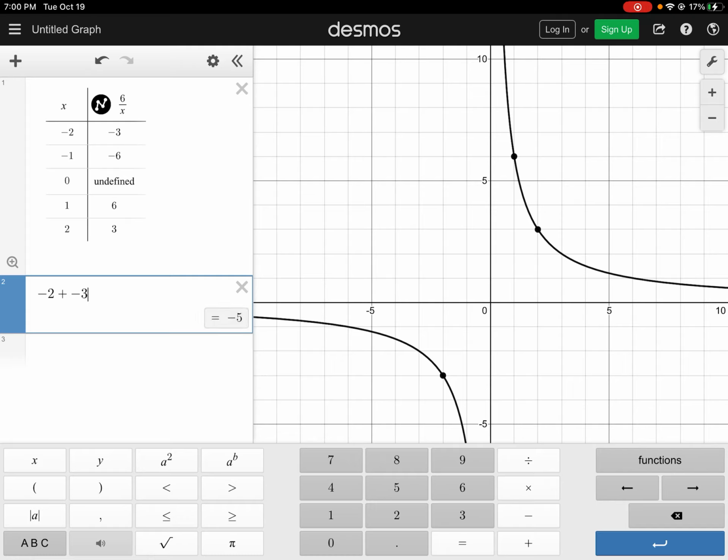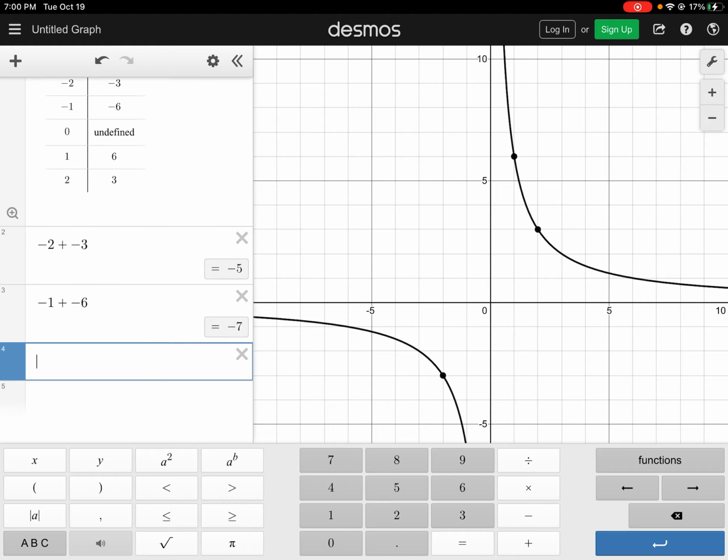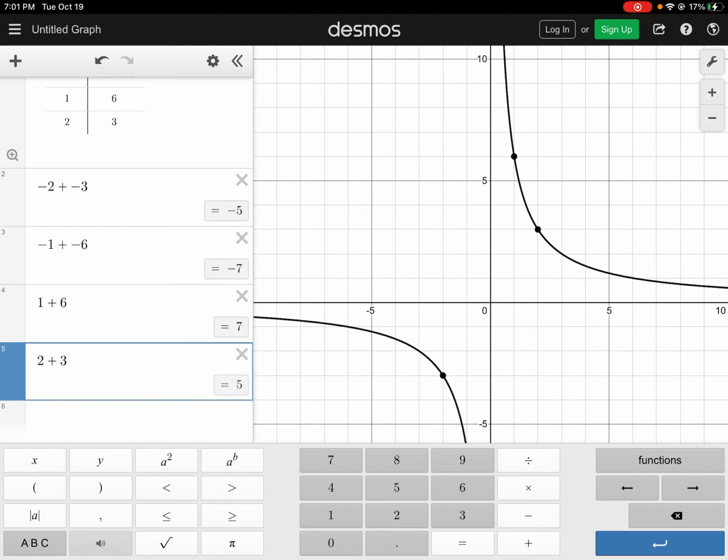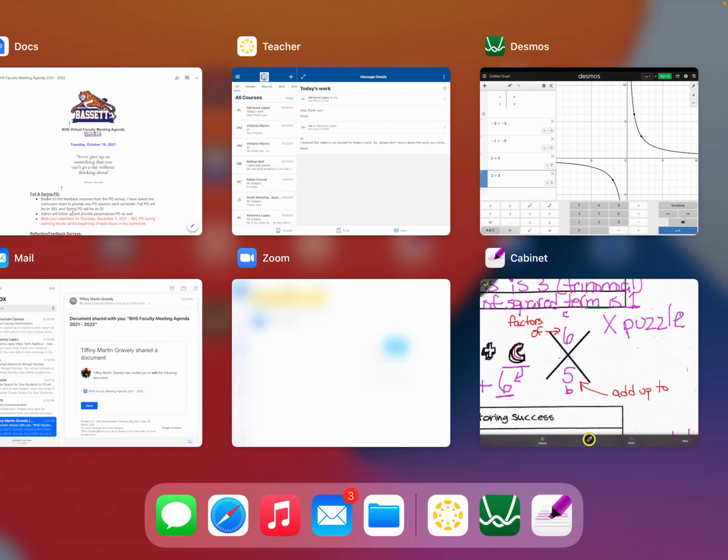Clearly you do not. Then try -1 plus -6. Nope. Again, skip the undefined or decimals. Then you could try 1 plus 6, which does not give us positive 5. But look, 2 plus 3 gives us positive 5. So that is the answer to my X puzzle.